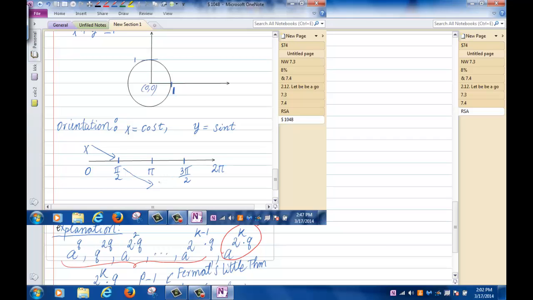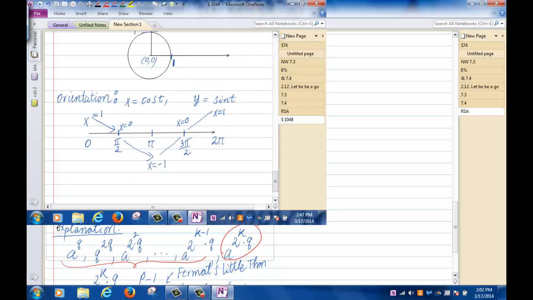And then it keeps increasing to 0 here, and then it goes up here, right? So right here x value is what? 1. And right here x value is 0. Right here x value would be -1. Here x value is 0 again. Here x value is 1 again, right?